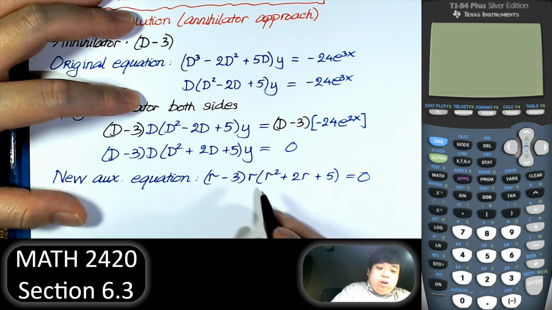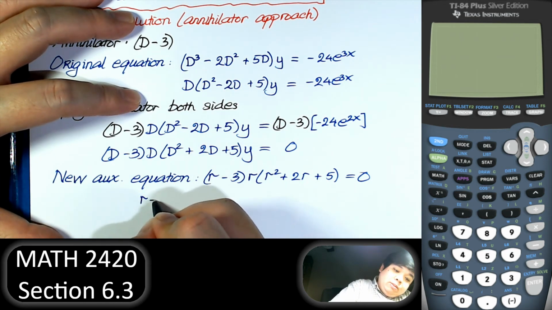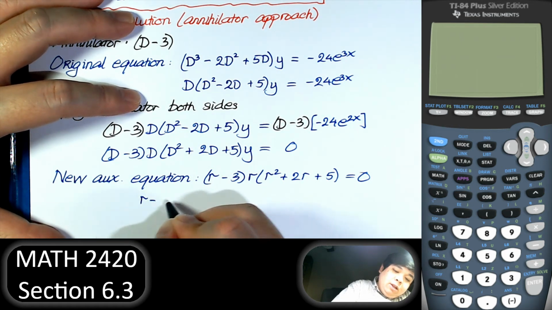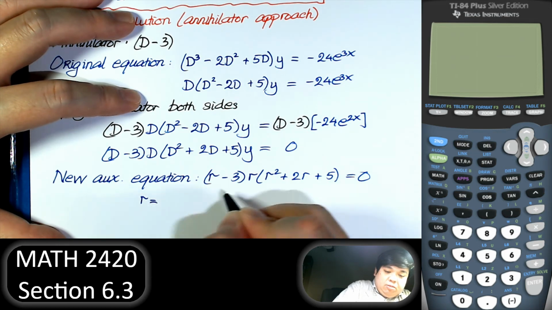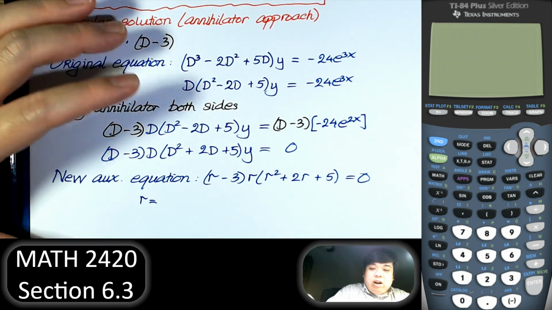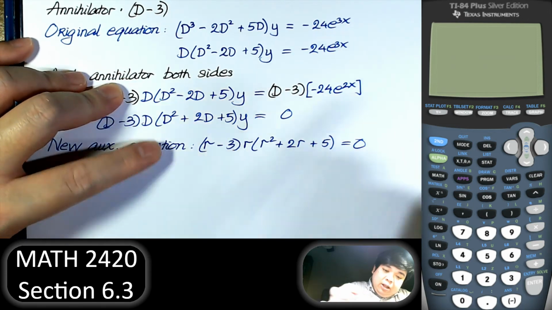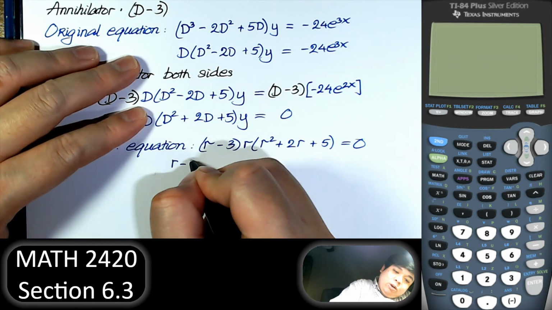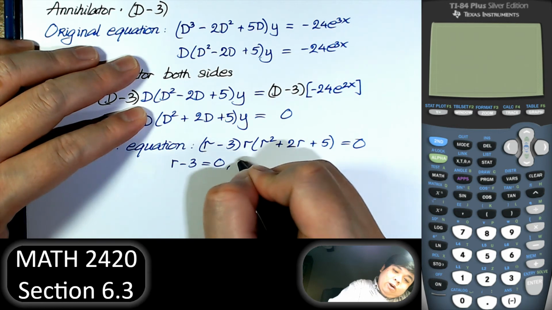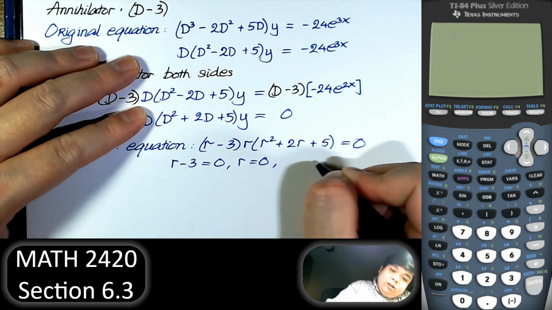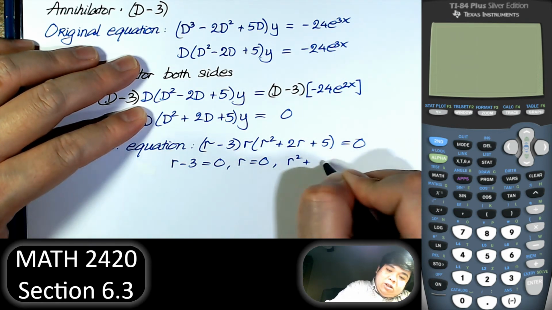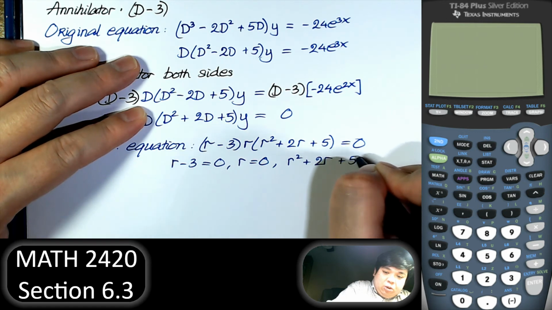We already solved for this. Let's just write that out. From this we have R minus 3 equal to 0, R equal to 0, R squared plus 2R plus 5 equal to 0.